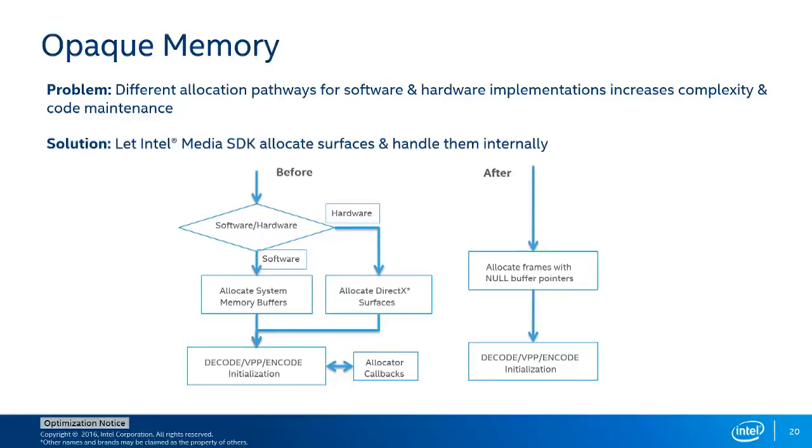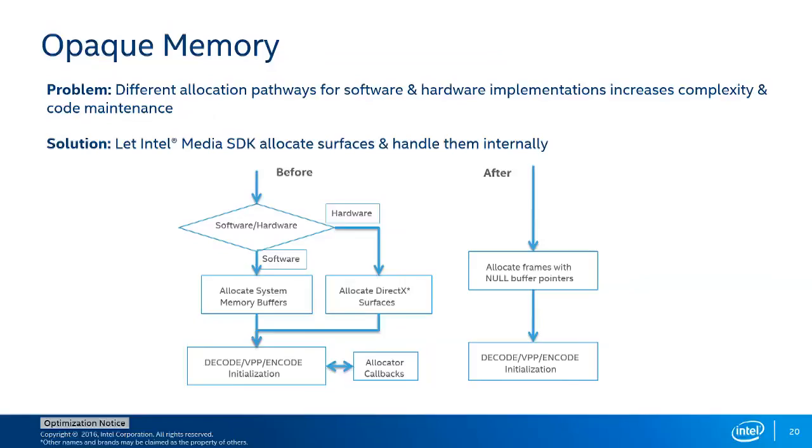Another option which can simplify things is opaque memory. It's called opaque because Media SDK handles the allocations. Some limitations, though, are that the surfaces aren't accessible by the application, which is why it's called opaque. So if your pipeline includes non-Media SDK steps, an extra VPP opaque memory copy would be required.